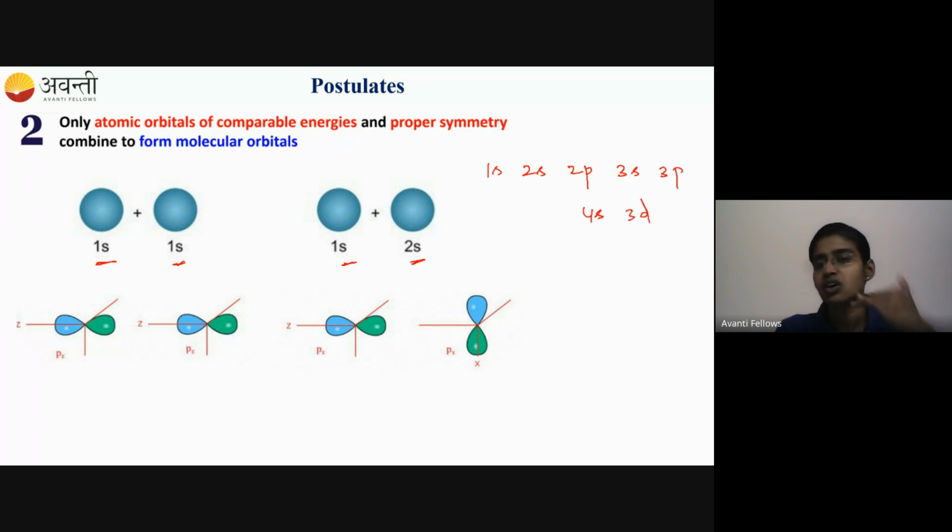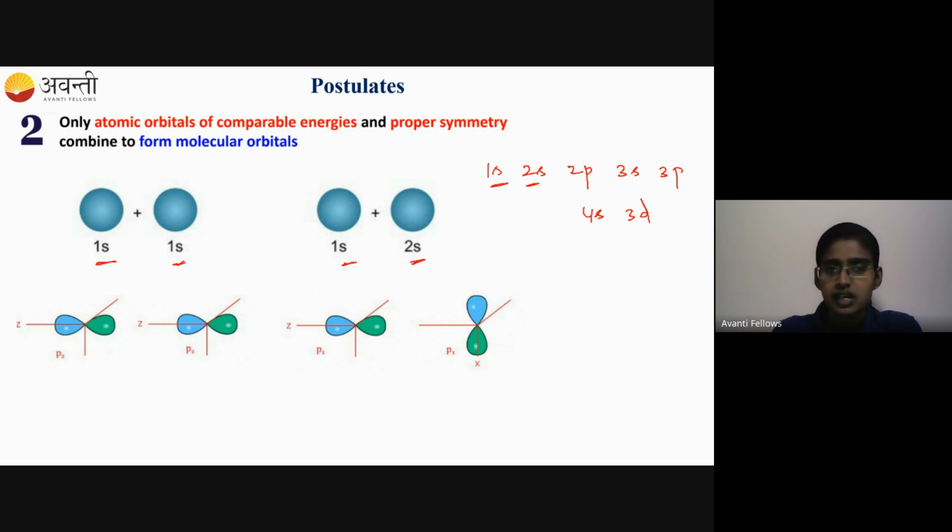So this is the order of energy level. If atomic orbitals are of comparable energy level, the ones nearest to each other will combine. 1s with 2s, 2s with 2p, or 1s with another 1s, 2s with another 2s. Like this, they are combining with each other.